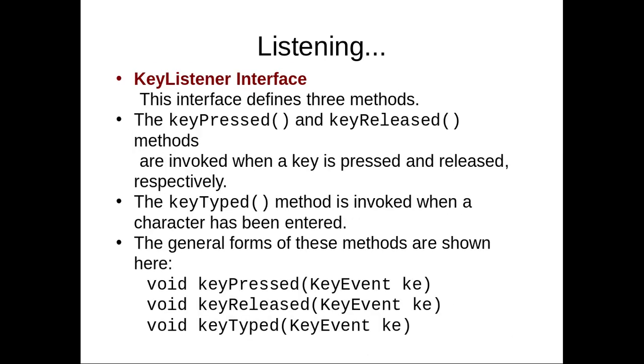Now suppose that you have a key listener interface. If there is a key pressed event, then it will call the keyPressed method. When a key is released, that is also an event, and the keyReleased method is invoked. And if a key typed event occurs, it will call the keyTyped method.